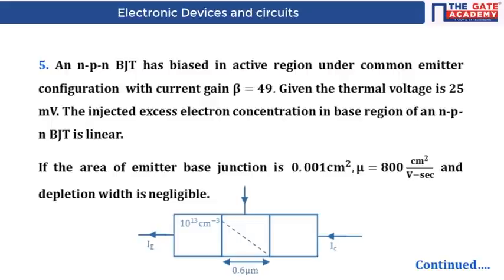So you can see the profile which is given. The profile of the concentration distribution of excess charge carriers is given to be something like this. The maximum is going to be 10 power 13 and the minimum is going to be 0, and the region covered is, I'm sorry, the value is going to be 0.6 micrometers.